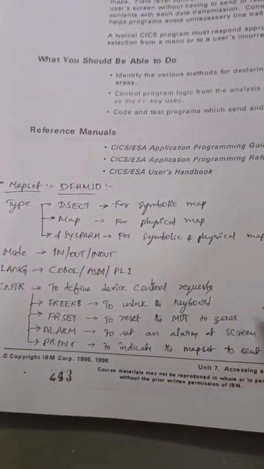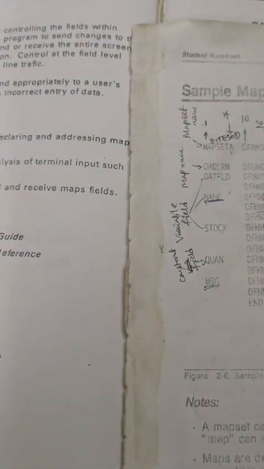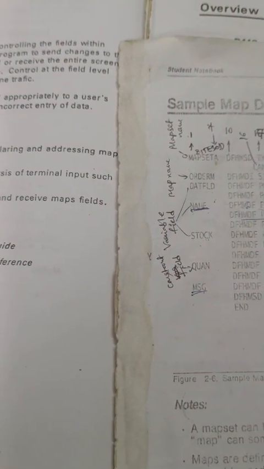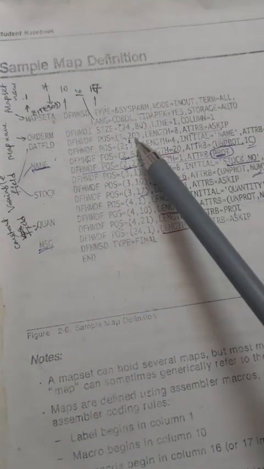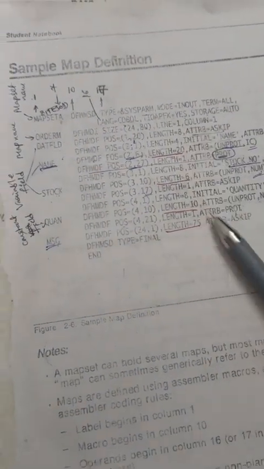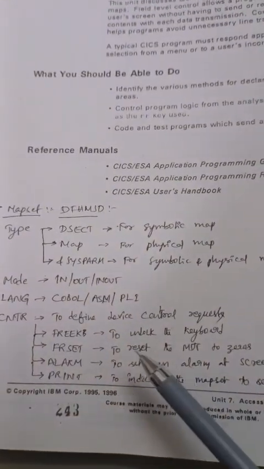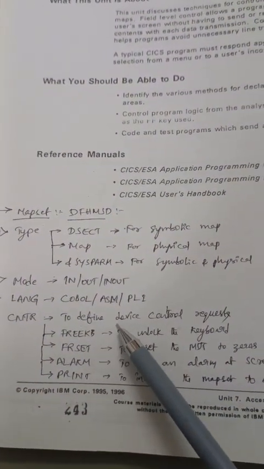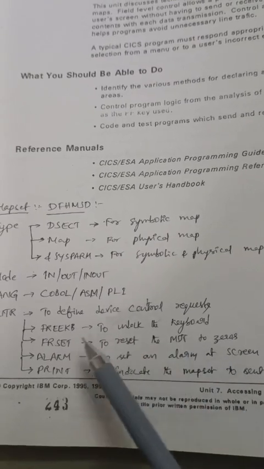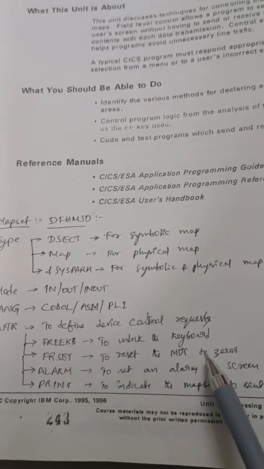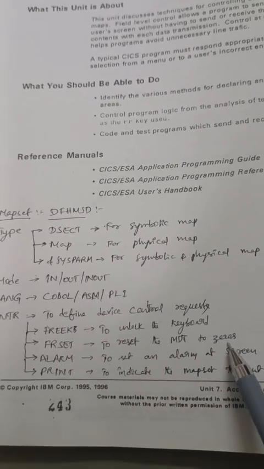In this example CNTL is not given. It is an optional field. We will discuss what CNTL is. We have these options to define the device control request: FREEKB means to unlock the keyboard, and FRSET means to reset the MDT to zeros.